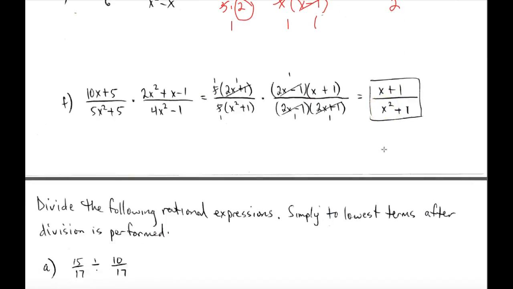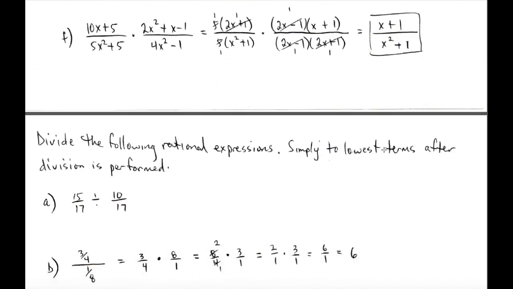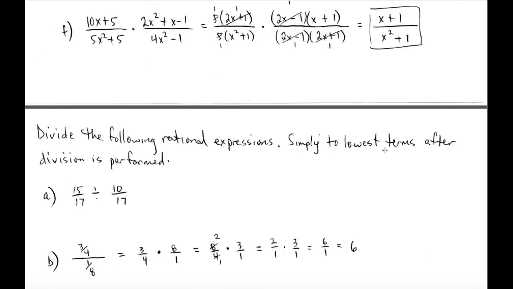All right, so for our next example here, we see that we have 10x plus 5 divided by 5x squared plus 5, and all that is times 2x squared plus x minus 1 divided by 4x squared minus 1. And so if you see from the first rational expression here, we factor out the greatest common factor of 5 in both the numerator and the denominator.